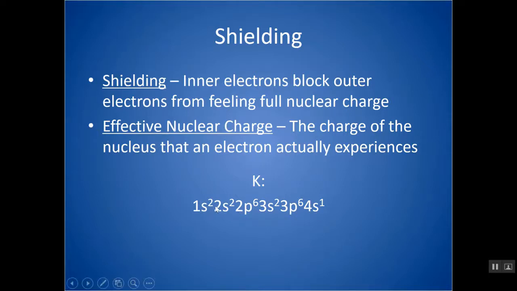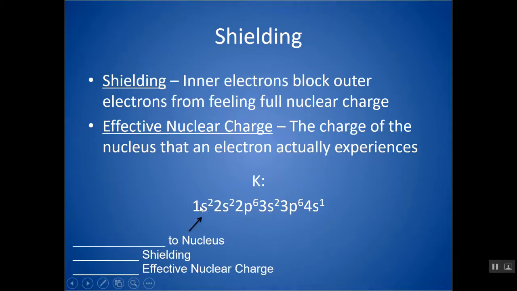So if we're looking at the inner electrons, these would be the closest to the nucleus, the 1s2, right? The nucleus would be right here, let's say, and the 1s2 electrons would be right next to it. So what about shielding? Would they really experience any shielding? They would have the least shielding. There's no other electrons in front of it that are in the way of the nucleus. So the 1s2 electrons are not being shielded at all.